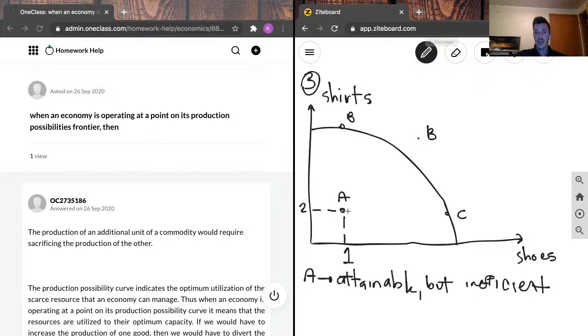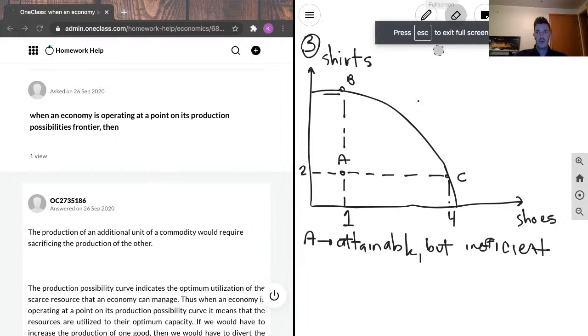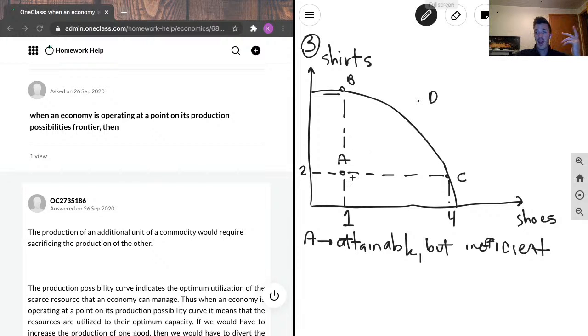That's attainable because it's inside, but it's not efficient because without giving up any shirts, we could maybe produce 4 pairs of shoes if we move to point C. Similarly, without giving up any pairs of shoes, if we move to point B here, just realize I called this D, we can still have that same 1 pair of shoes, but we can instead have maybe 8 shirts. So anything inside this arc is going to be attainable, but inefficient.